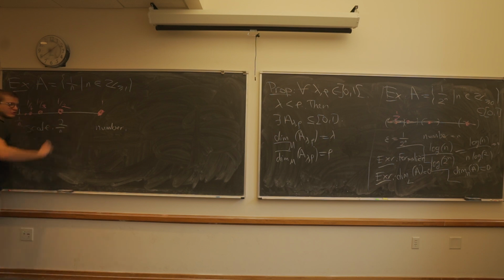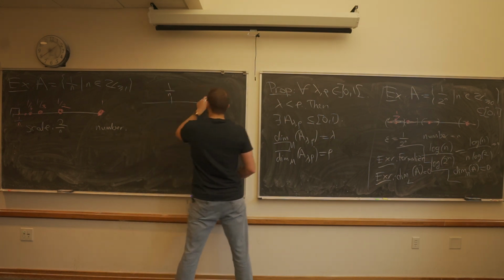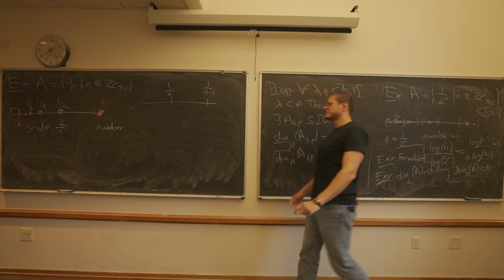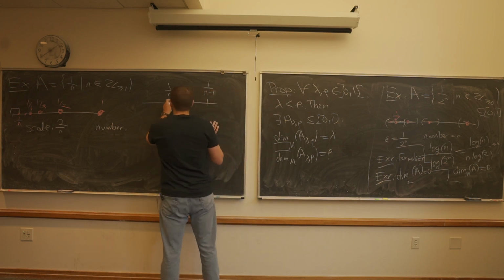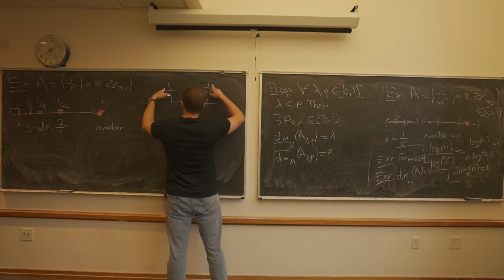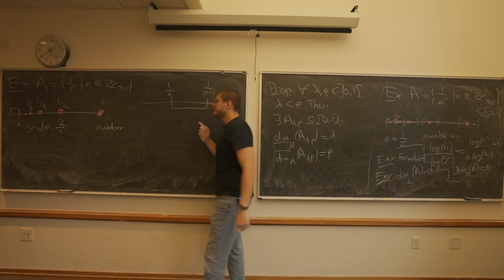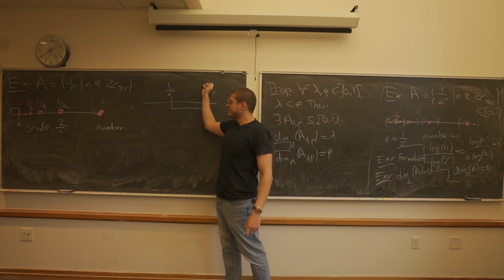Now you want to count how many you're missing, but you want sort of like a nice bound, nice number here. So let's zoom in on this. What is the one before? It is 1 over n minus 1. It's a larger number. And so what is this difference? Right? Because you're trying to figure out if this point is inside the 1 over n ball centered at 1 over n.